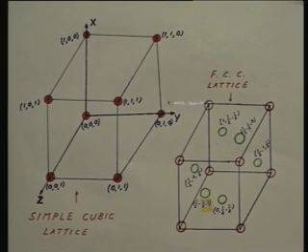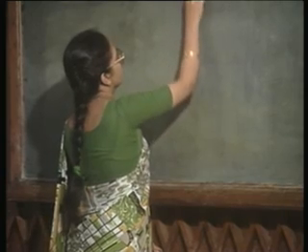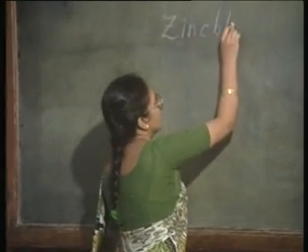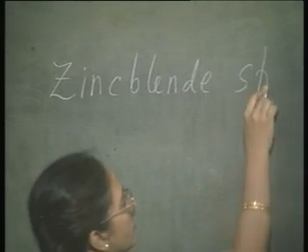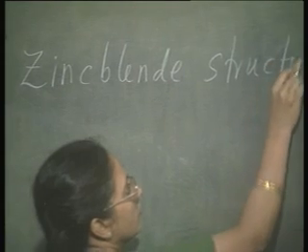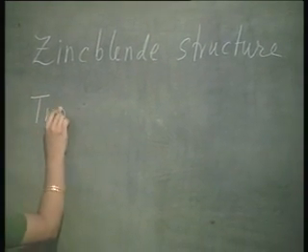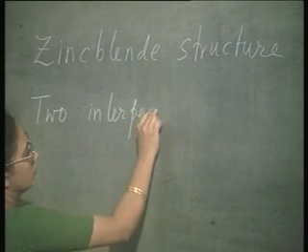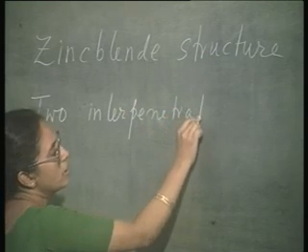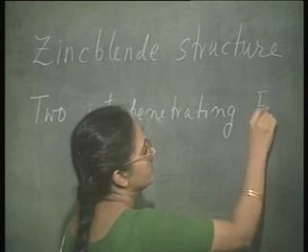This is called a zinc blende structure. Two interpenetrating FCC sublattices.